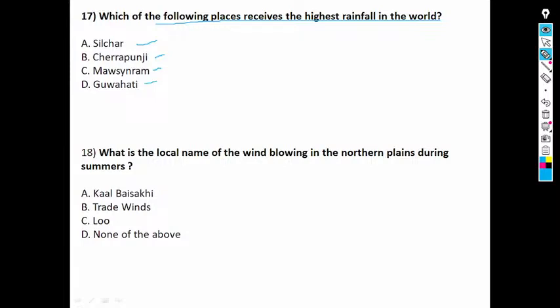Highest, particularly, that is Maisinram, option C. Maisinram is the wettest place.